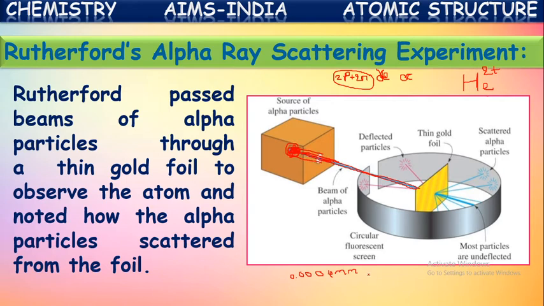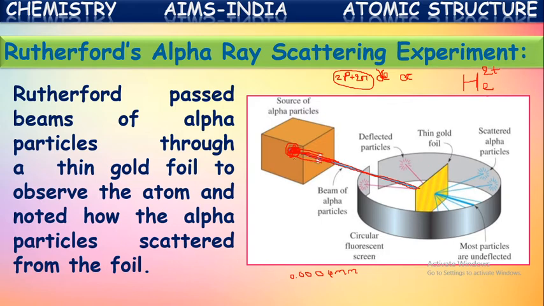As these alpha particles are invisible to the naked eye, to observe what is happening after striking the gold foil, he arranged a zinc sulfide screen around the gold foil. So this is the experimental setup done by Rutherford.